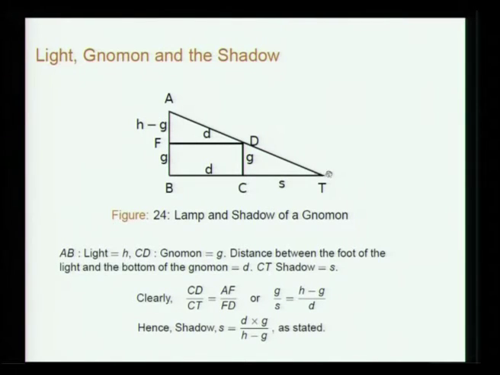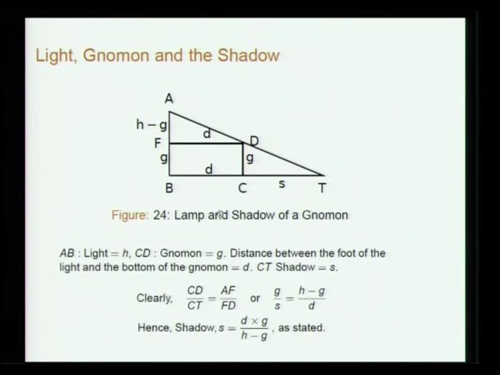CT is the shadow, and CD is the gnomon, Shanku. Then Chaya. AB is the light of height h. CD is the gnomon G, and the distance between the foot of the light and the bottom of the gnomon is D. Then the shadow is S.